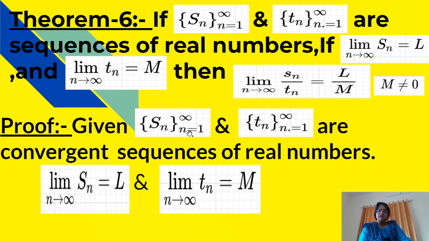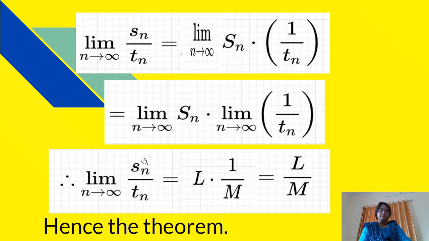Given Sn and Tn, n from 1 to infinity, are convergent sequences of real numbers, limit of Sn as n tends to infinity is equal to L and limit of Tn as n tends to infinity is equal to M. Now consider limit n tends to infinity of Sn upon Tn, which is equal to limit of Sn into 1 upon Tn.